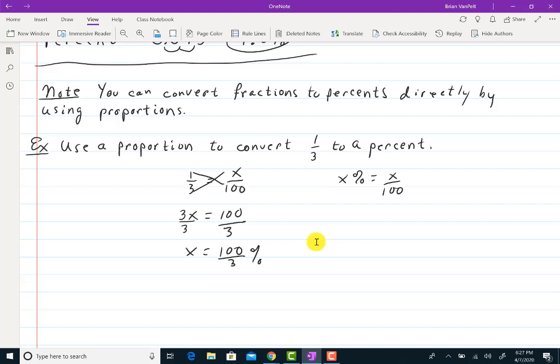That is the answer. Unfortunately, I happen to know that your instructor is probably not going to like that version of the answer. Now, I can convert to a percent with a decimal in it, but since I'm dealing with fractions, I'm going to stick that way. And let me convert this instead to a mixed number.